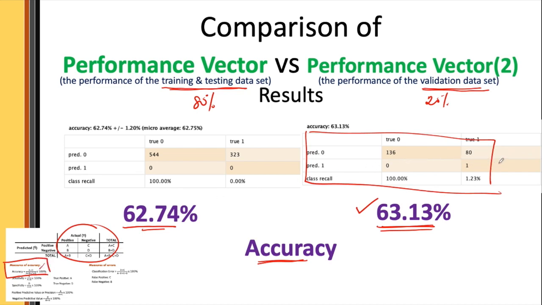In this case, this will serve as our A, this will serve as our B, this will be our C, and this will be our D. So 63.13% is computed as 1, which is A, plus D, which is 136, over the total, which is 1 plus 80 plus 0 plus 136, times 100%. You'll have this result.